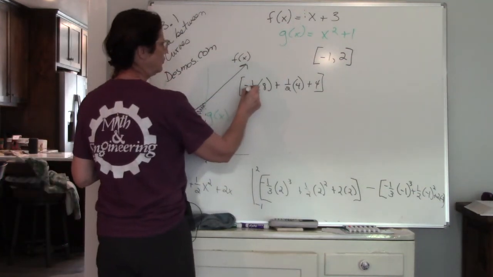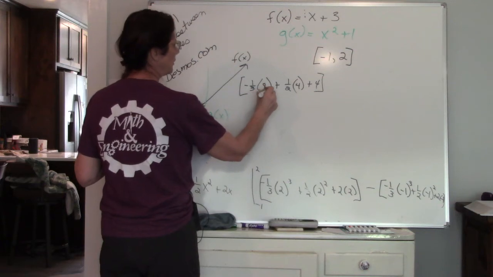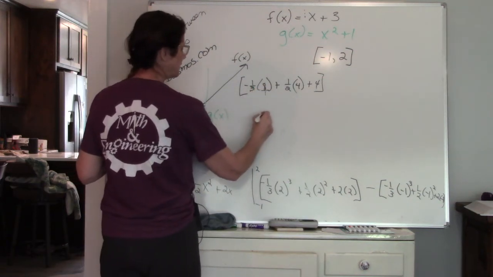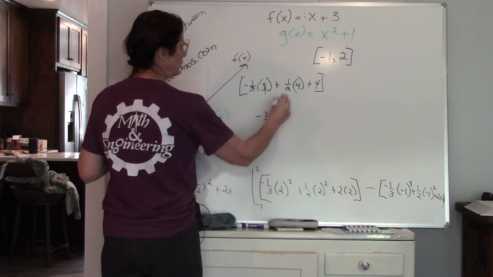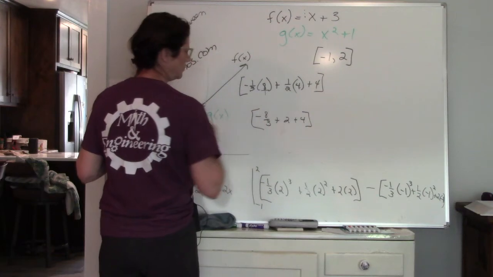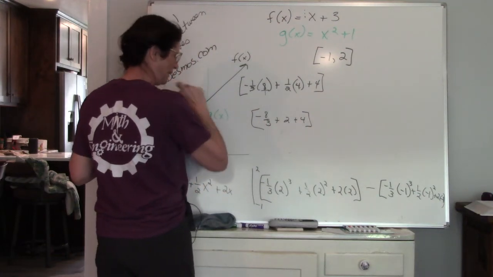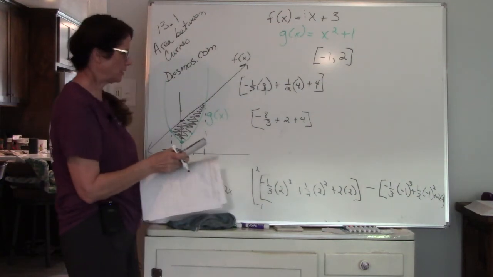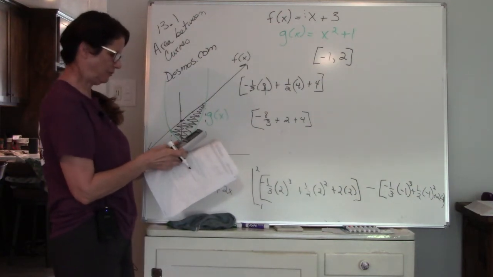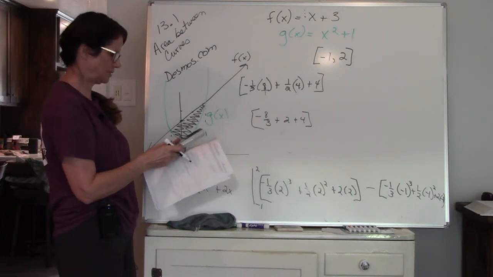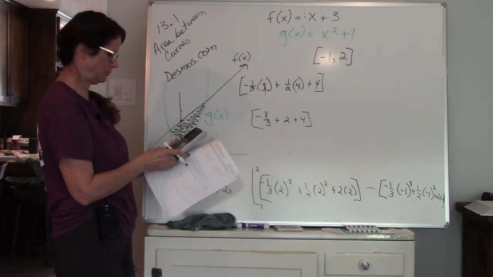So -1/3 times 8. So remember how to multiply fractions. -1/3 times 8 is a -8/3. Half of 4 is 2 plus 4. So still within my first bracket. So here's where you can use your calculator because we are looking for an actual value. So -8 divided by 3 is -2.666 plus 2 plus 4.